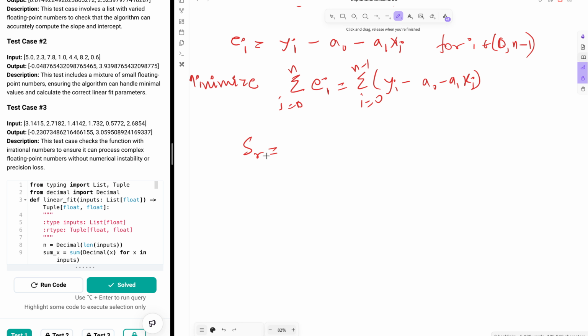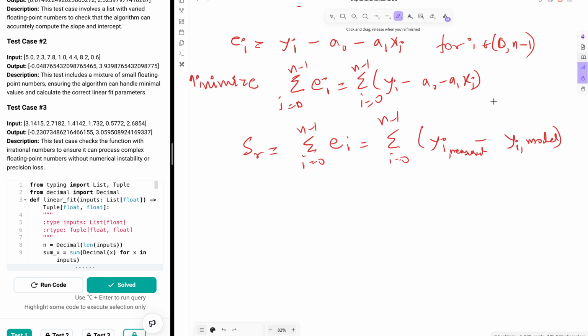So I'm going to rename it as residual error, that operates from i equals 0 to n minus 1 of e_i, and this is nothing but summation of i equals 0 to n minus 1, where this y_i is the measured value that we have, and we are subtracting it with the model value that we are going to predict.